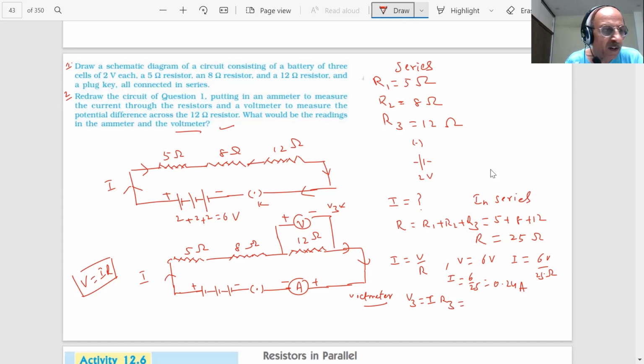So I is the same, 0.24 amperes, into R3. What is the value of R3? 12 ohms. 0.24 into 12, how much? 2.88 volts. So here the reading will be 2.88. Is it clear?